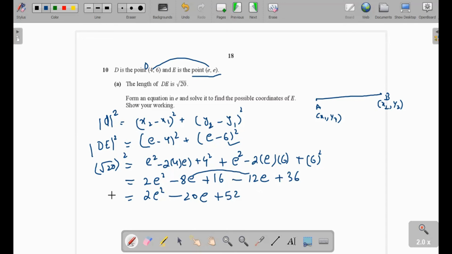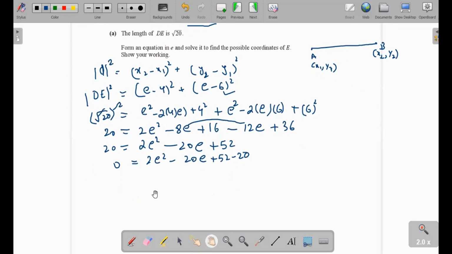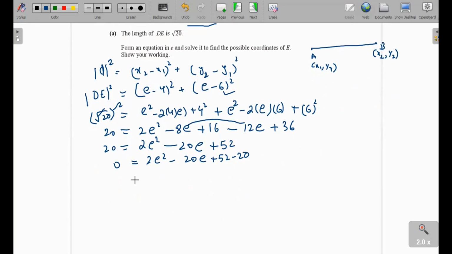And that value is 20 squared, so the square root will be cancelled. Now this is 20. Now 2e squared minus 20e plus 52 minus 20. We can write it as 0 equal to 2e squared minus 20e plus 32.